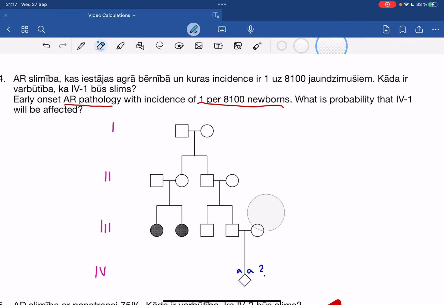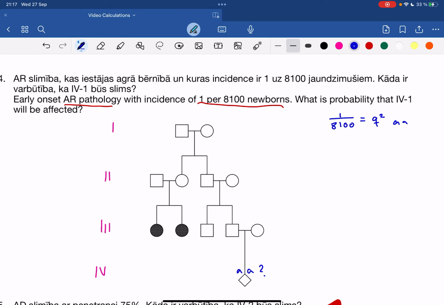However, in this case, we do have something in the question that talks about population frequency rate. It's 1 out of 8,100 people, newborns. In this case, it's the frequency of being unhealthy, or q squared.